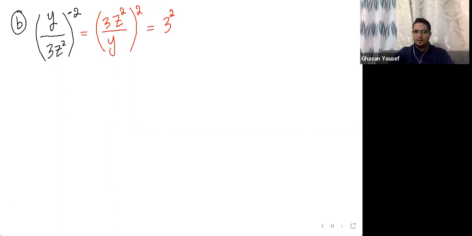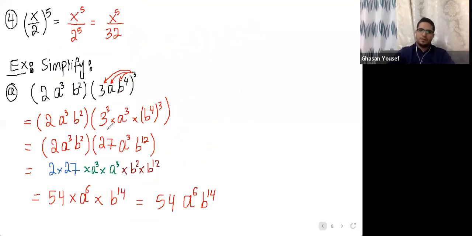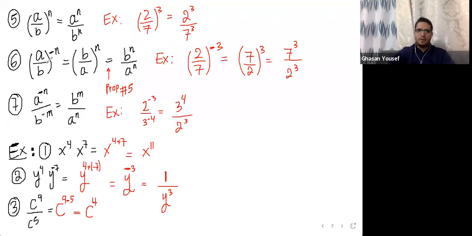Because we have negative, by using this property, number 6: a over b, everything to the negative n, we flip inside and we keep n positive. Okay, Ryan? So the same idea here.